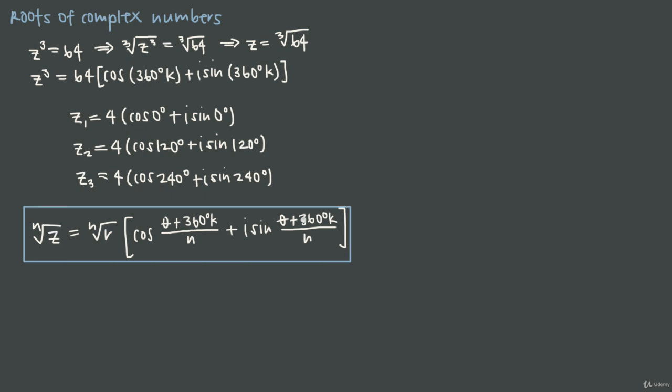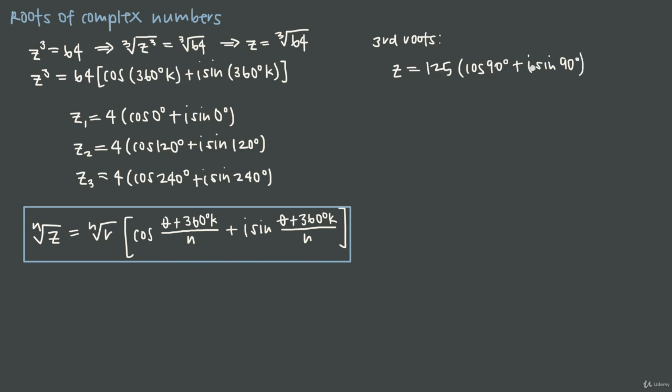So let's say, for the sake of an example, that I want to find the third roots of this complex number: z equals 125 times cosine of 90 degrees plus i sine of 90 degrees.